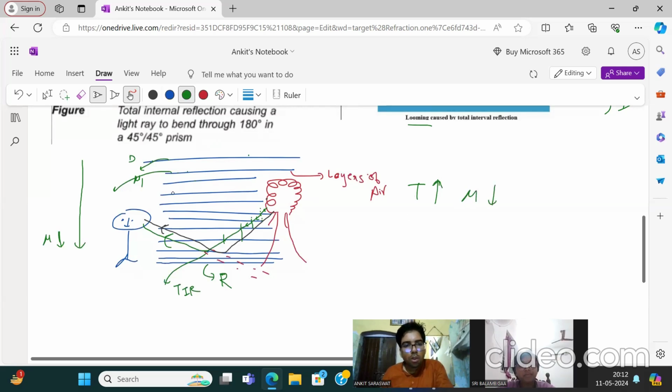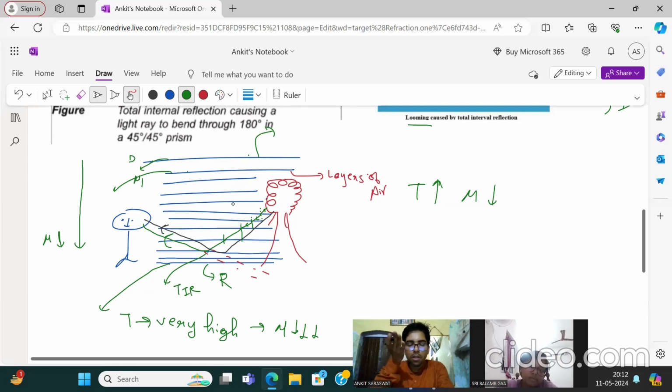If the temperature of the bottommost layer is very high, then mu will be very, very less.